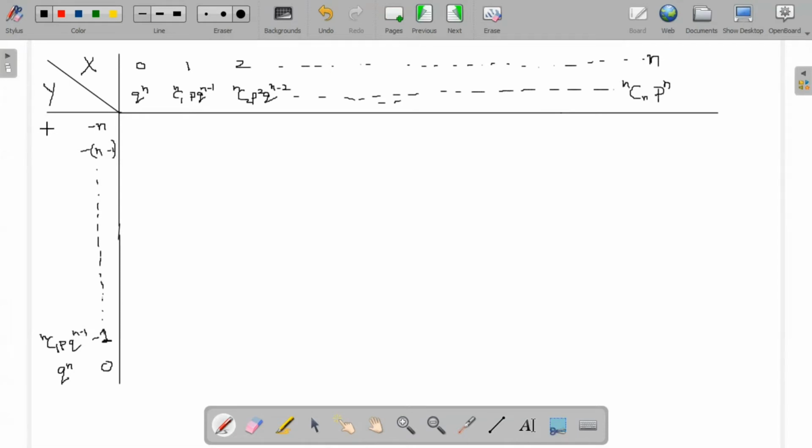For n, its probability will be nCn p power n q power 0, so it will be p power n. For n minus 1, the probability will be nC(n minus 1), which will be n.